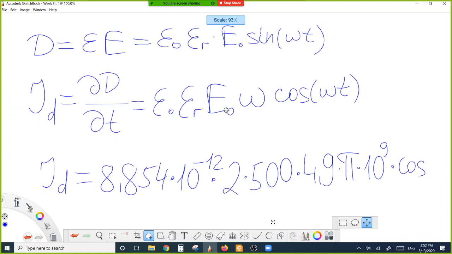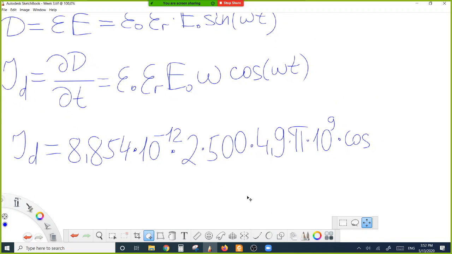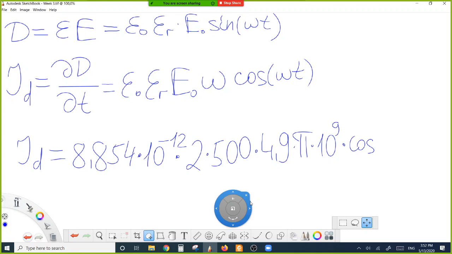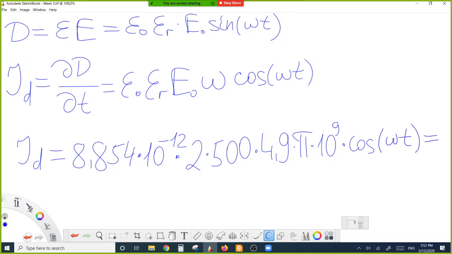So 8.854 multiplied by 2 multiplied by 500 multiplied by 4.9 multiplied by pi and divided by 1000.